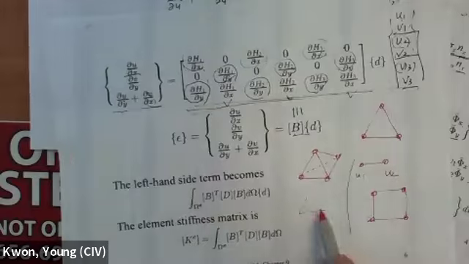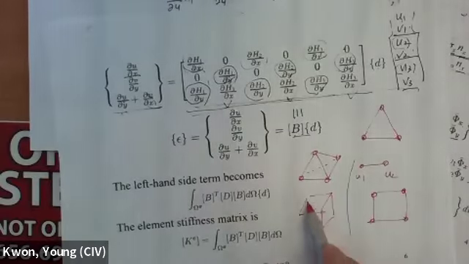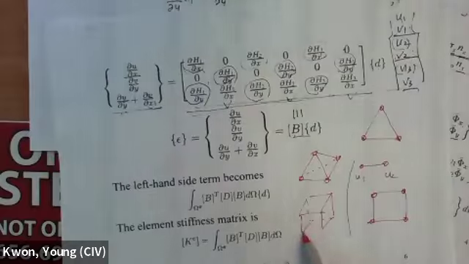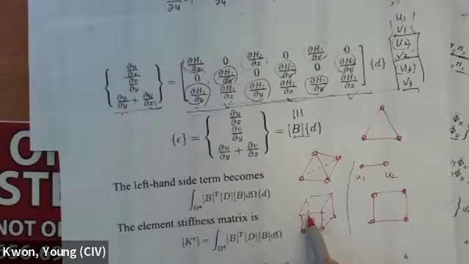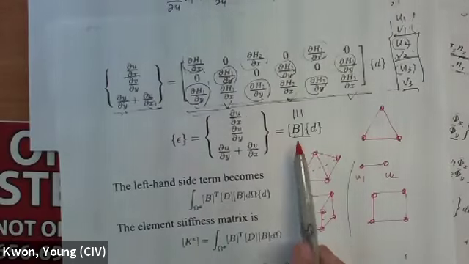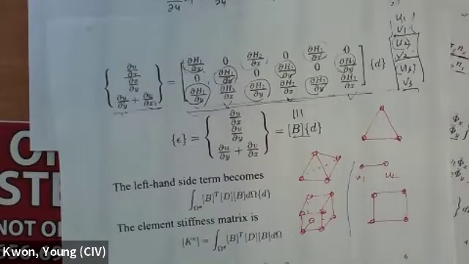Now, another common element, this box shape element with 8 nodes. What's the size of matrix B? It's 3D, a box is 3D. 6 by 24. Why 24? 8 nodes, each node has 3 degrees of freedom, so 6 by 24.